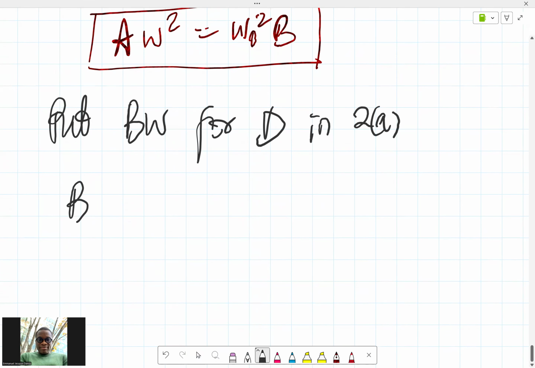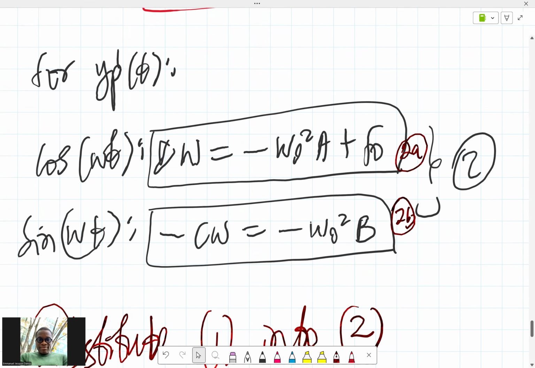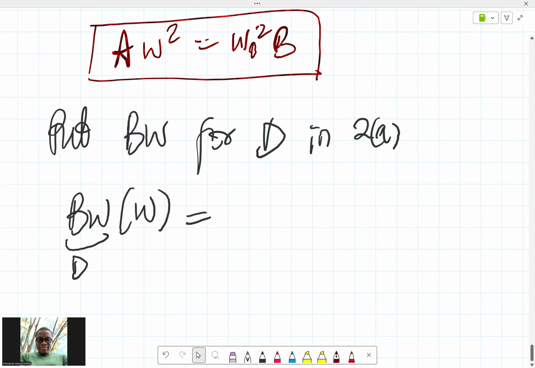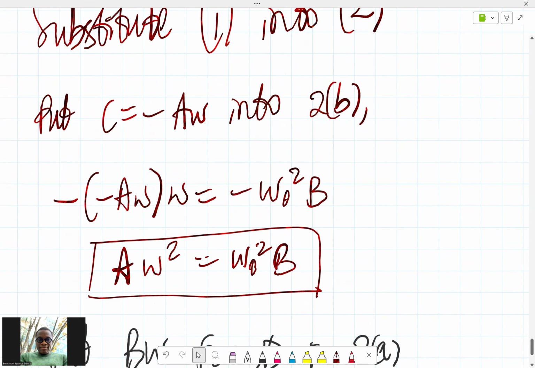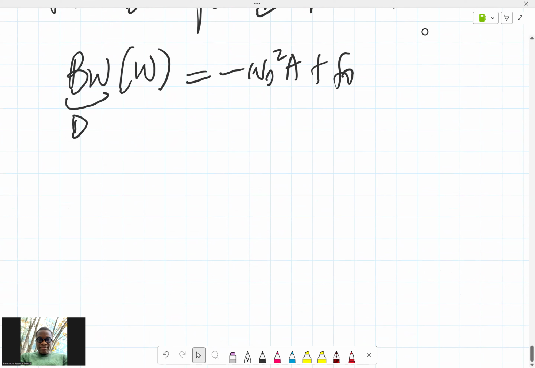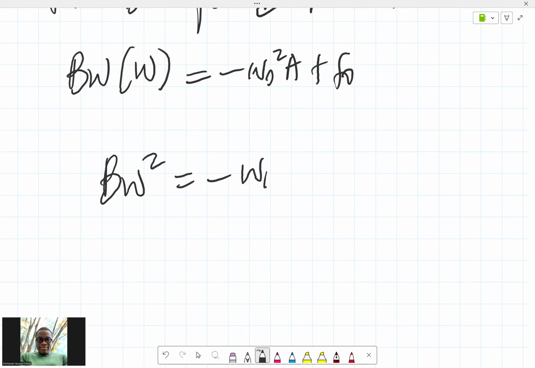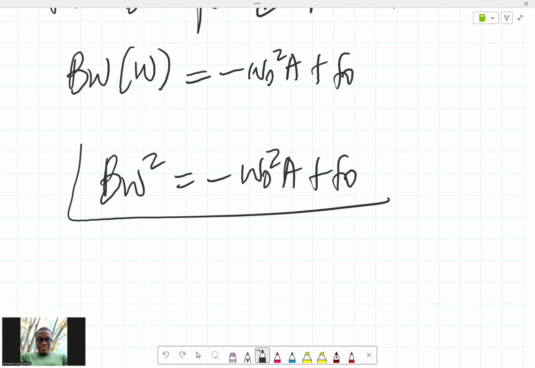So we have b omega into omega, this is d omega, and it is now equal to minus omega naught squared a plus f naught right there. We can tidy things up here too. So this will be b omega squared equals minus omega naught squared a plus f naught. We have this.